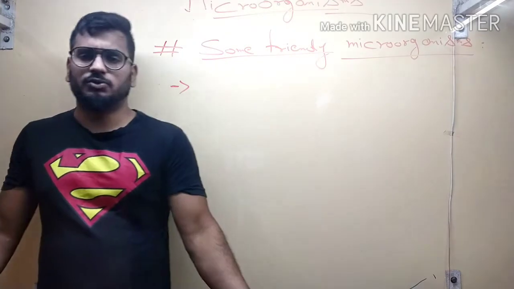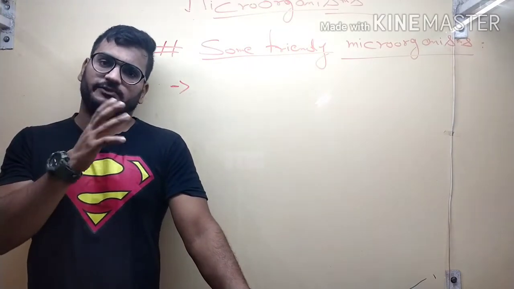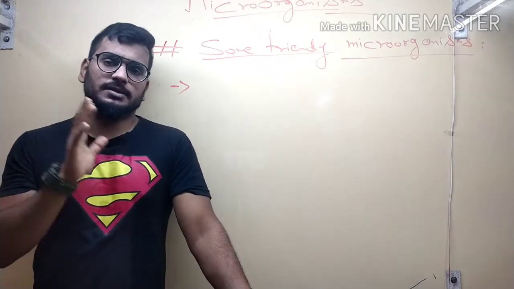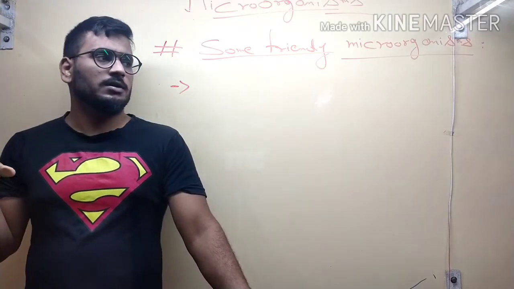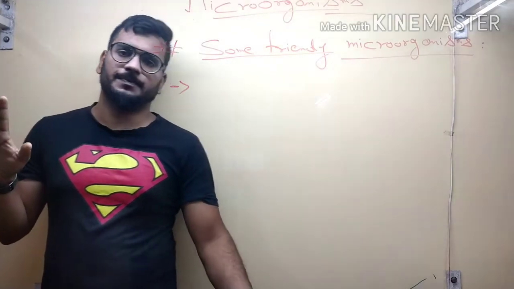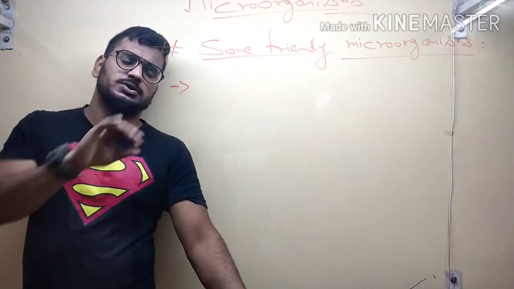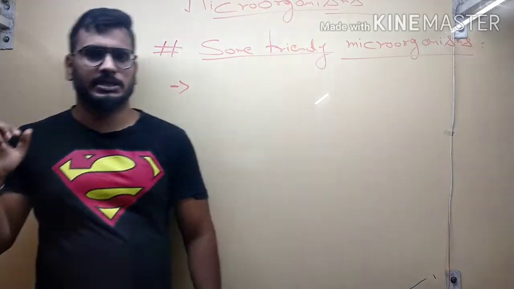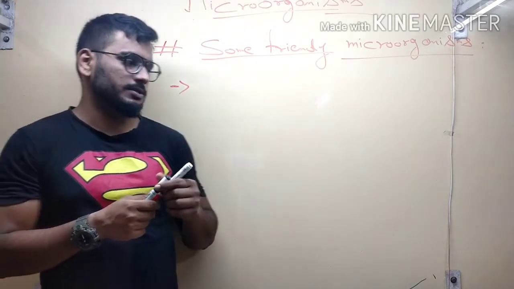The most common use of microorganism in our daily life is very simple. For making curd or for making bread, idli, dosa, these things we make in our home for cooking or preparing food, we always use microorganism. So let's write the first point.